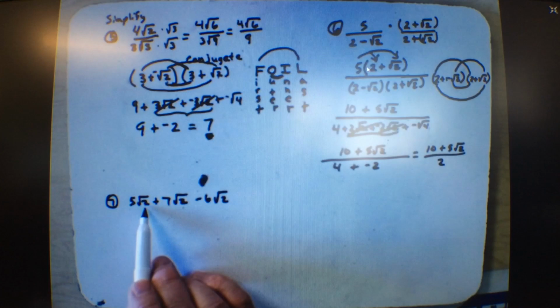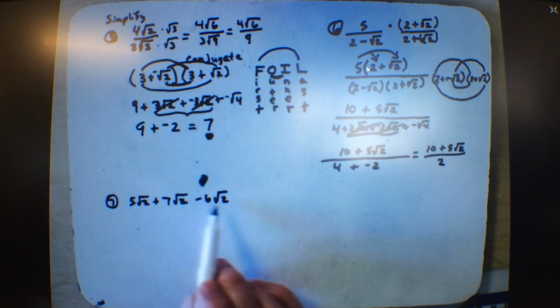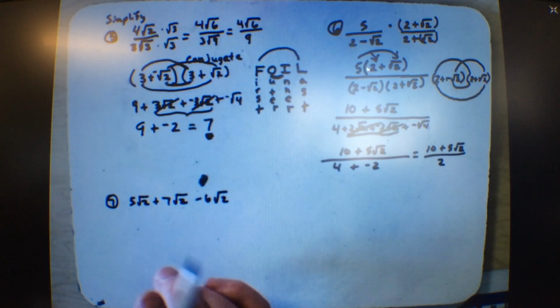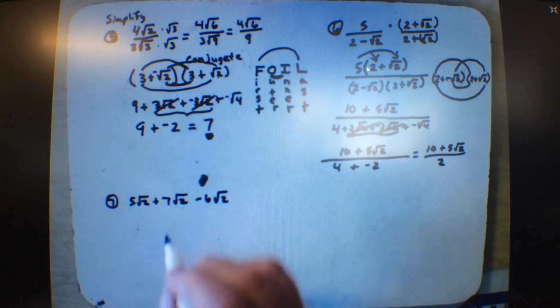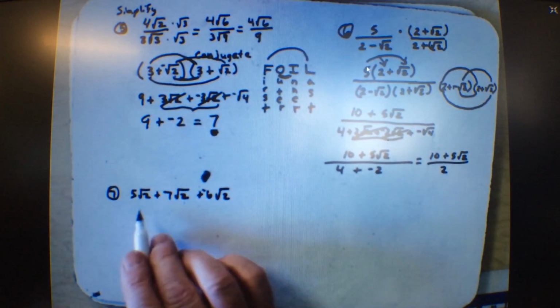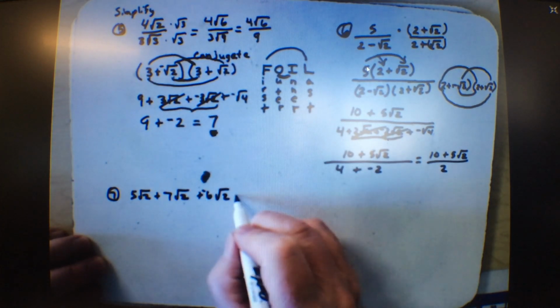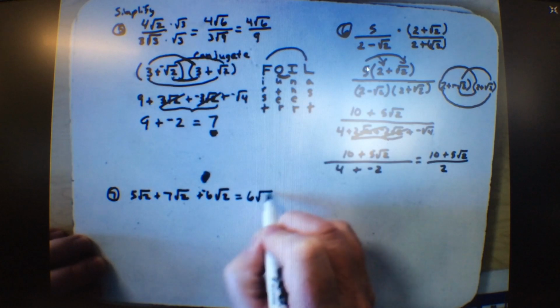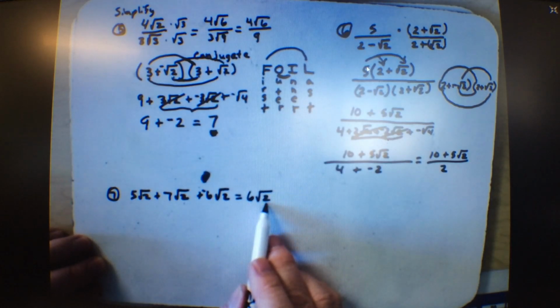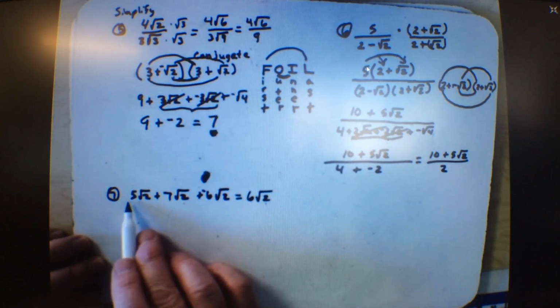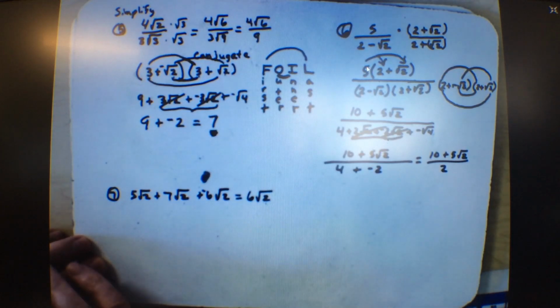They have 2 underneath the radical, 2 underneath the radical, and 2 underneath the radical. If they have the same radicand, you can add and subtract them. So this is 5 plus 7 is 12. Minus 6, or plus a negative 6, is 6 square root of 2. Notice the radicand stays the same, but the numbers in front change.